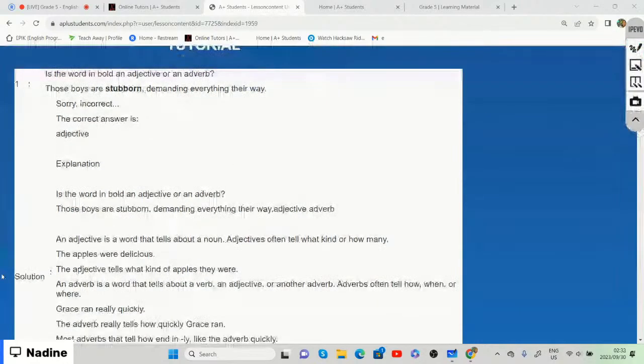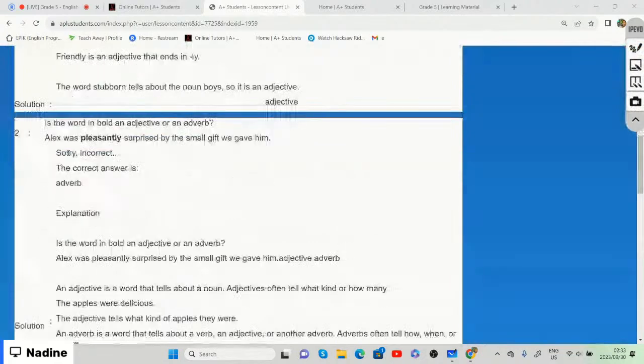All right. Alex was pleasantly surprised by the small gift we gave him. Pleasantly surprised. We need to say if pleasantly is either an adjective or an adverb. Pleasantly. Alex was pleasantly surprised.